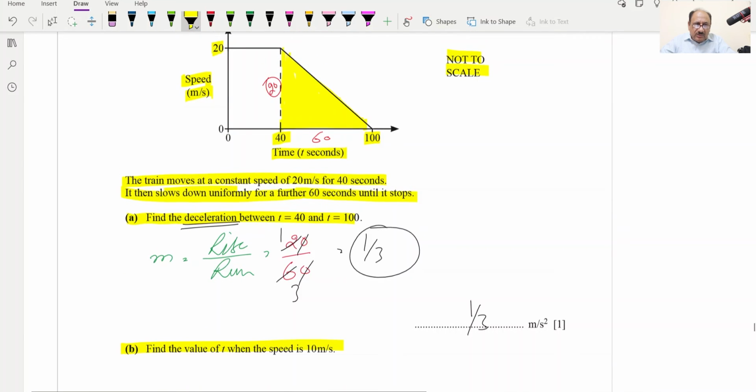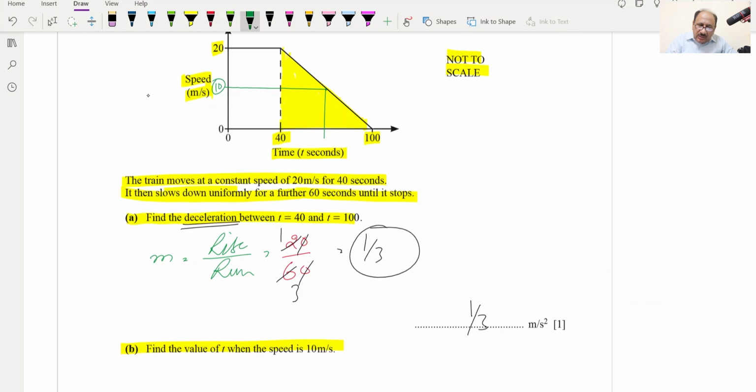For 10 meters per second speed, I will erase this value, and we will check. 10 will be half of 20, so half of 20 is 10, up to this one, and from here it will be up to this one, in the middle.